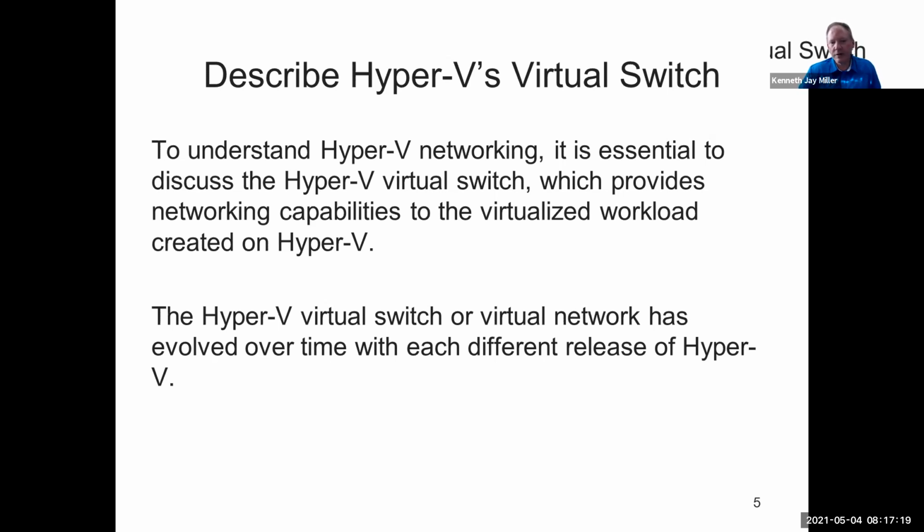Okay. Now, in Hyper-V, the virtual switch or virtual network has really evolved over time. So it went from a basic network device to a more advanced one, common in today's network environment with physical switches, to mimic and be similar to that.